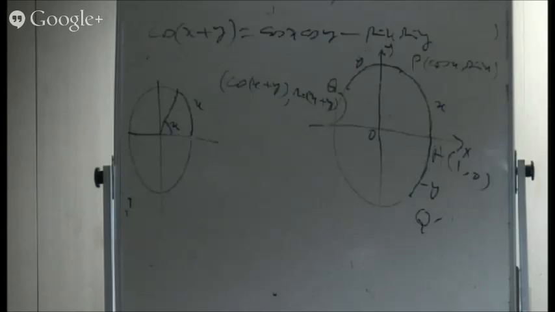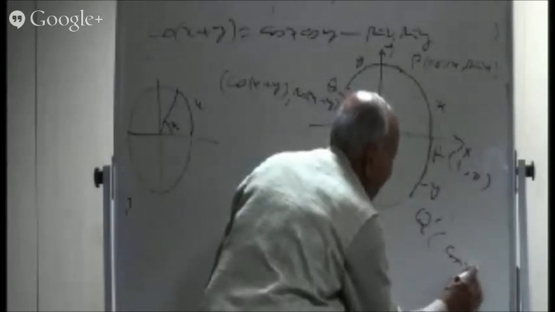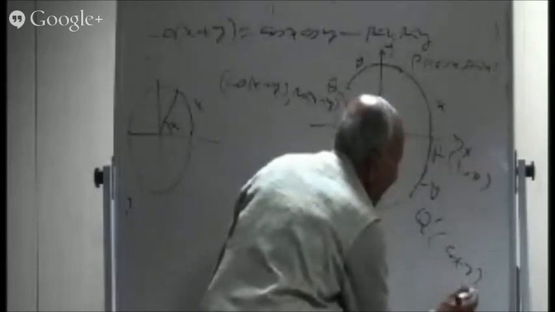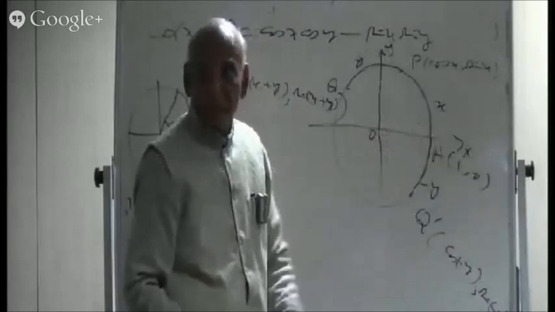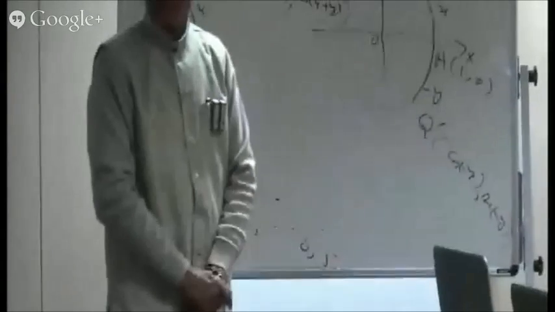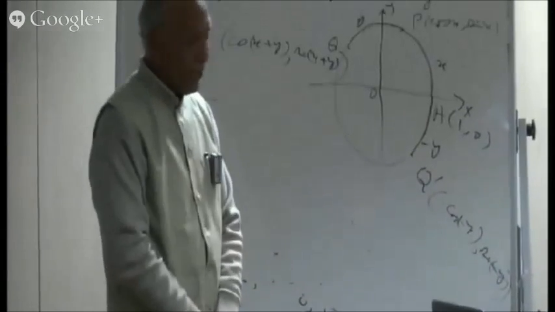This is minus y. So here are the coordinates of this point. The coordinates of this point are cos of minus y and sine of minus y. Is it right? This is minus y. So we can write the coordinates as cos of minus y, sine of minus y.